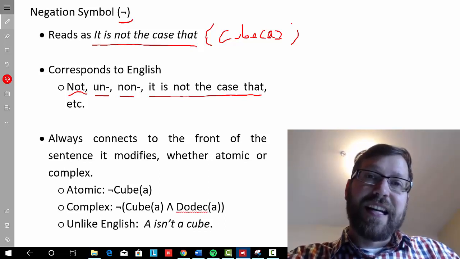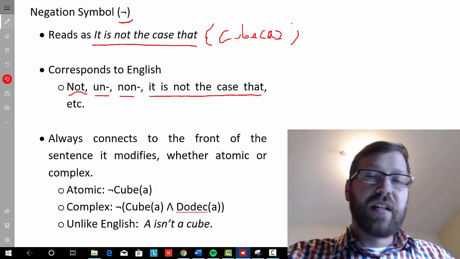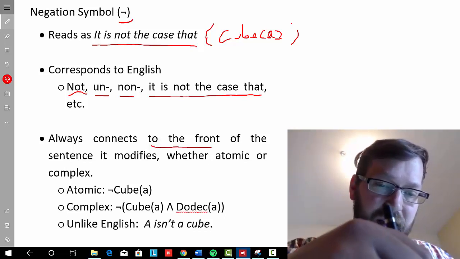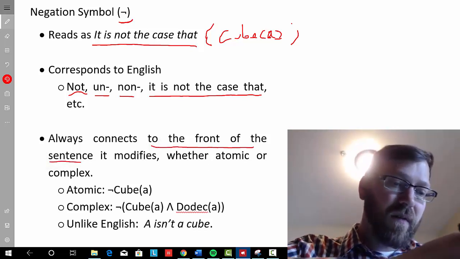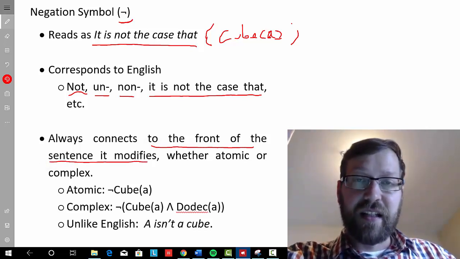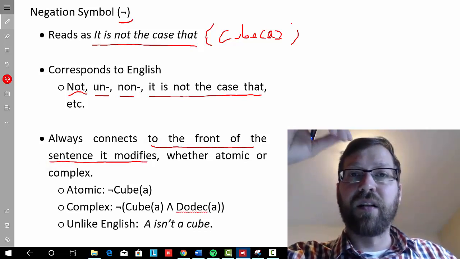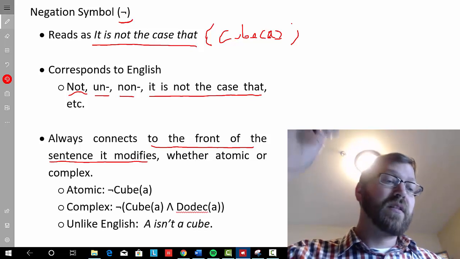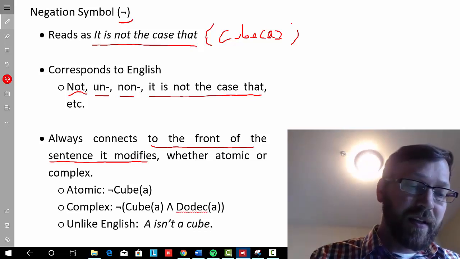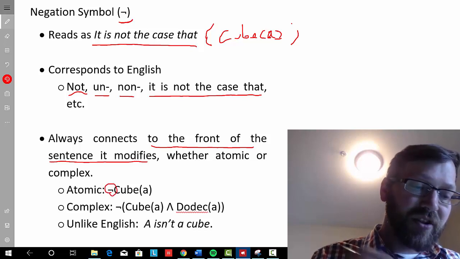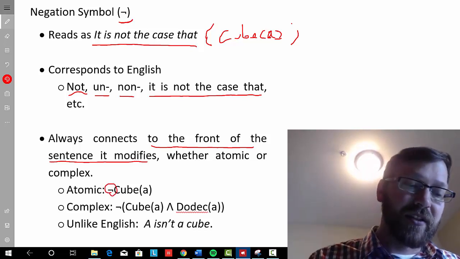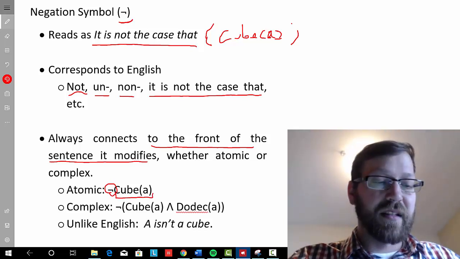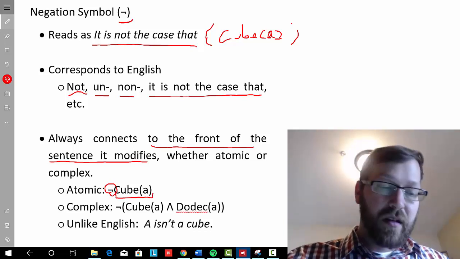And the way that it works as a logical connective is it goes to the front of the sentence it is modifying, whether that sentence is an atomic sentence or a complex sentence. So in this first example here, we see that the negation symbol comes out in front of A is a cube, and it's modifying A is a cube. It says it's not the case that A is a cube.